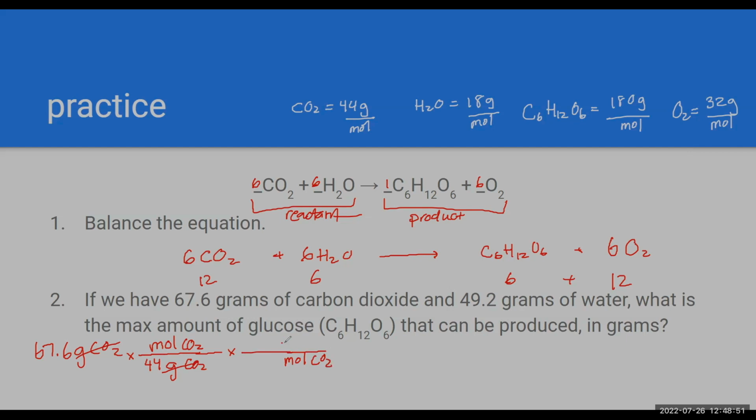And then on the top, I want moles of glucose. It's C6H12O6, but I'm just going to write glucose for simplicity. So if you look at the mole ratios, we can see that for every 6 moles of carbon dioxide, as we can see here, it's going to generate us 1 mole of glucose.